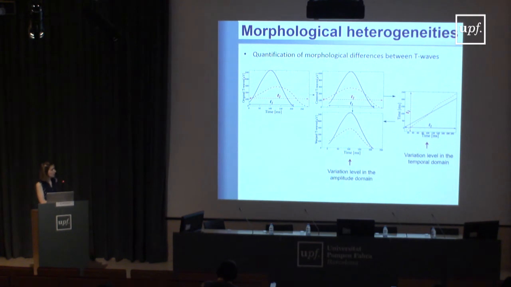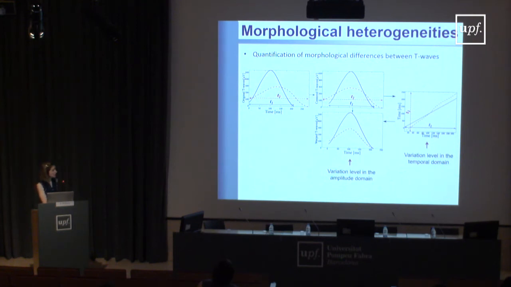One of the ECG markers that we have evaluated quantifies morphological differences in the T wave, in the repolarization of the ECG. We have different T waves of the same patient recorded at different heart rates. What we do is first align the T waves and then compute a transformation from one T wave to the other in such a way that it closely matches the other wave according to a specific criterion, minimizing an objective function.